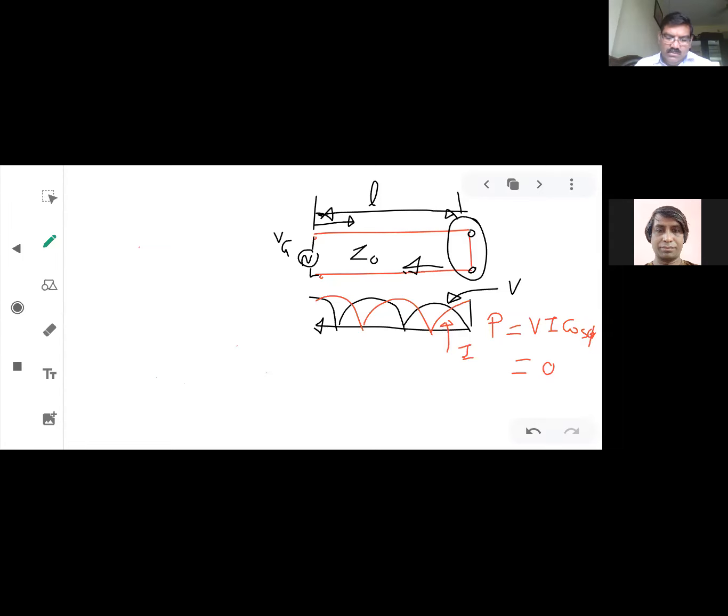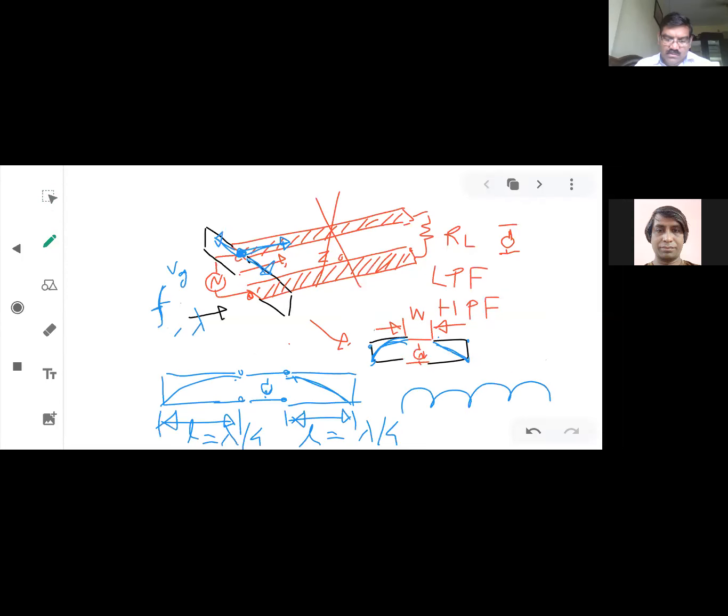Phase difference between the voltage and current is 90 degrees, so power loss in the transmission line is 0. And after that, we related the basic transmission line with a waveguide.